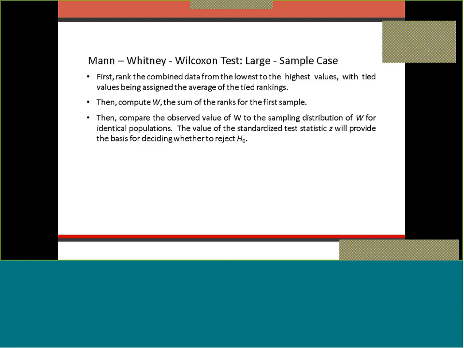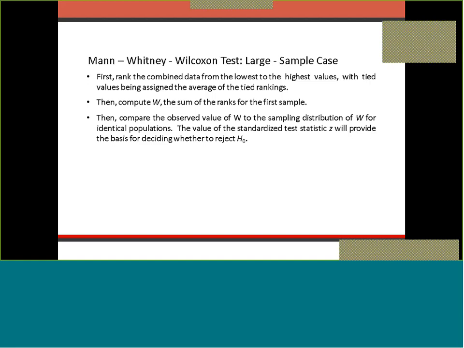Then I concentrate on the first sample. You can do it for the second sample also; you will have the same answer. So I compute W, the sum of the ranks of the first sample. The sum of the ranks of the first sample is my test statistic W. Then what is the sampling distribution of W?